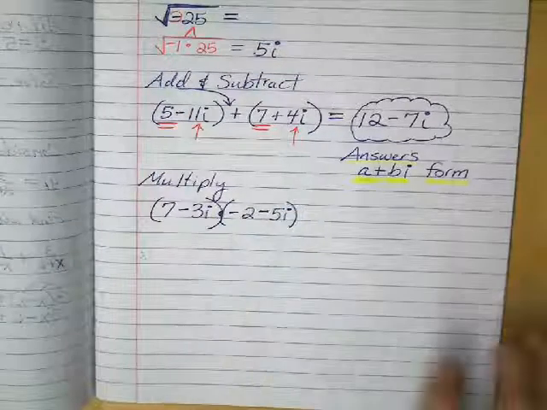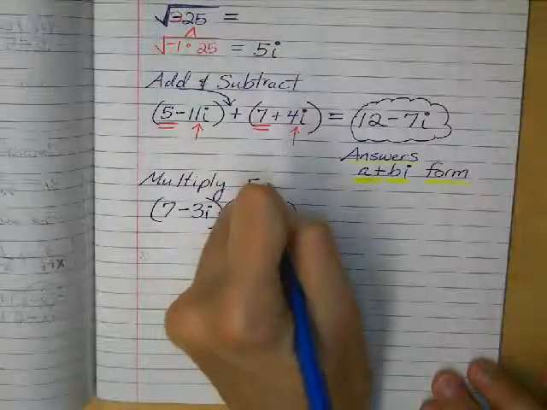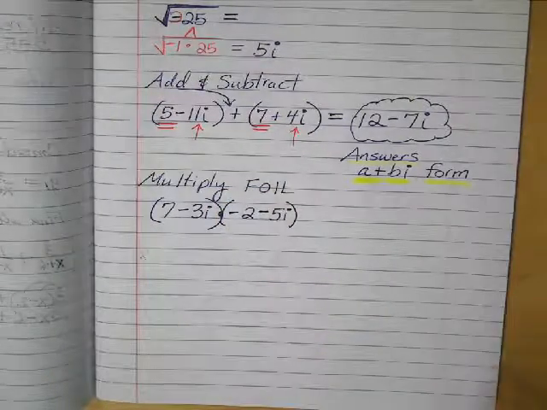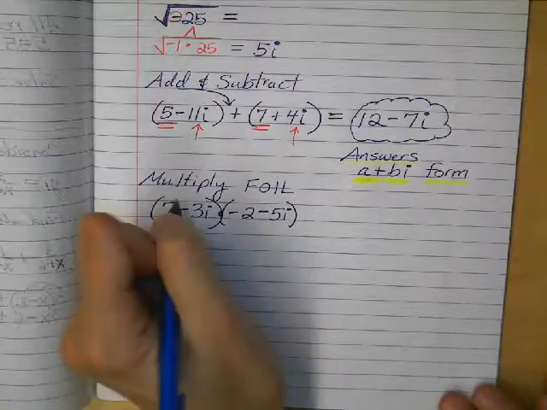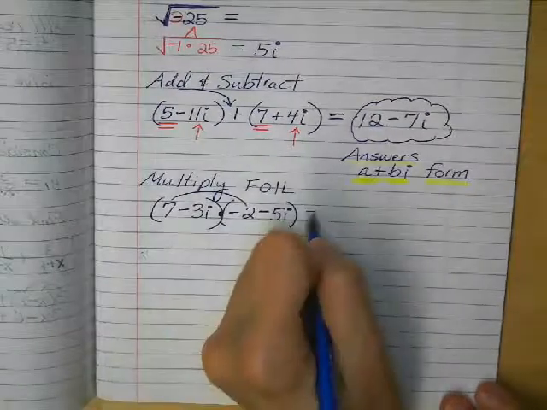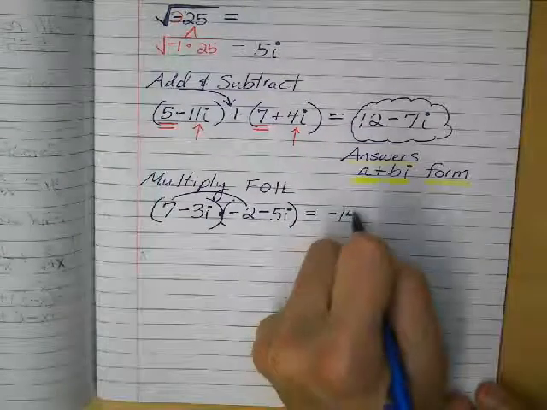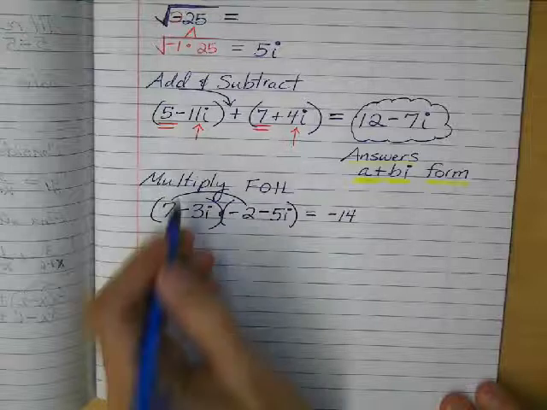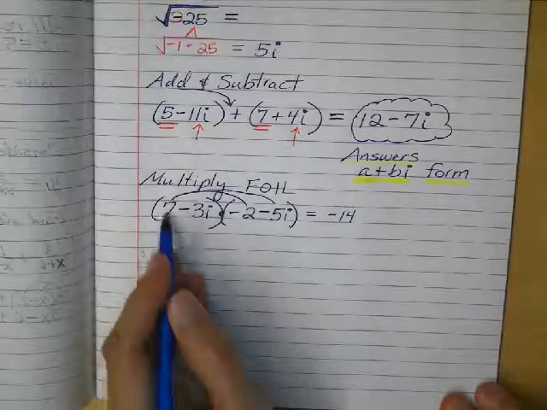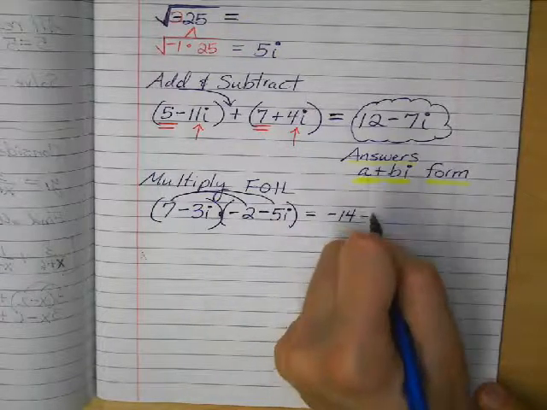Okay, this one's multiply. So you need to do, like we've talked about, FOIL: first, outside, inside, last. Multiply all 4 things. First, 7 times -2. That gives you -14. Then the outside, 7 times -5i, so that'd be -35i.